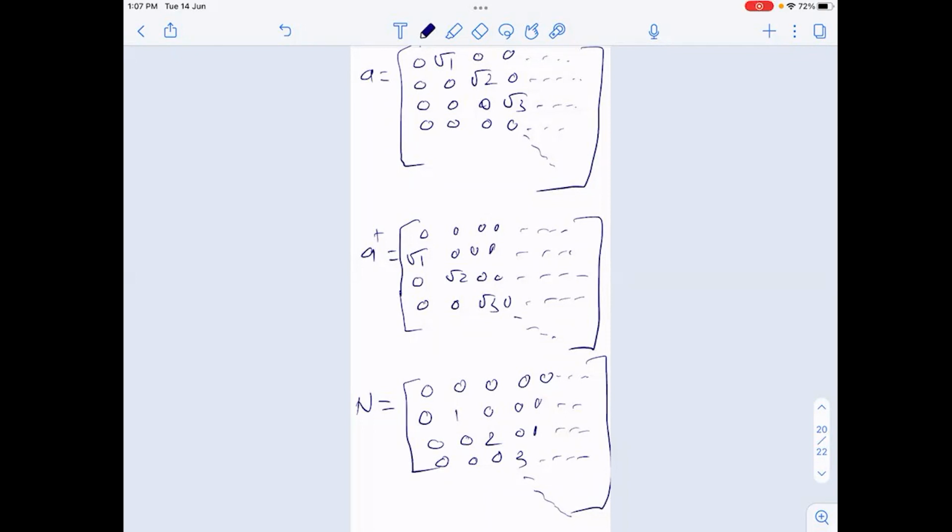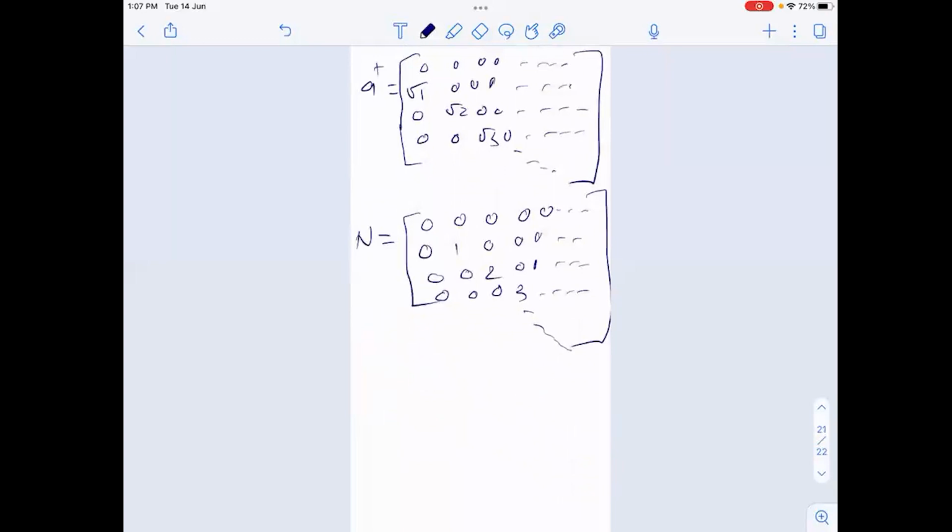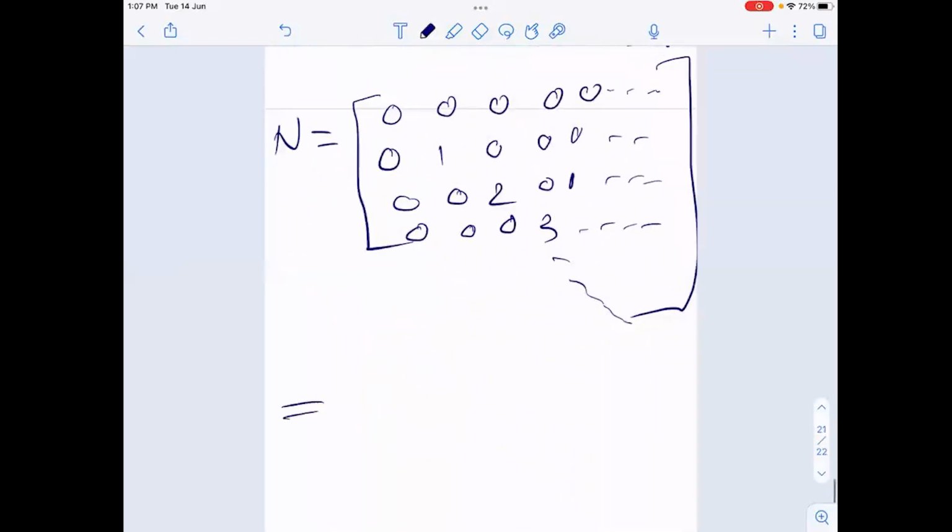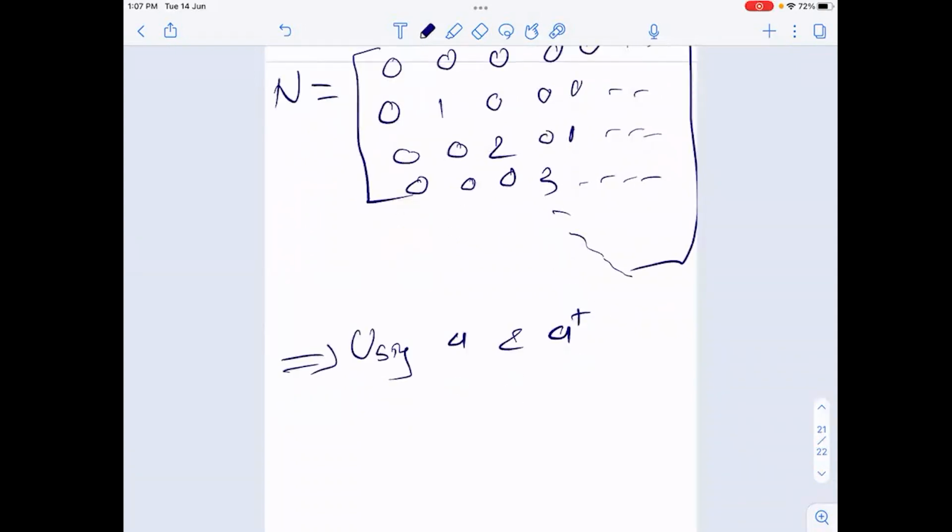Now to understand them better, can I give you some problems? Yes, sir. Right? So using the creation and annihilation operators, that is creator and annihilator operators A and A dagger, find the matrix representation of x0 square and p0 square.